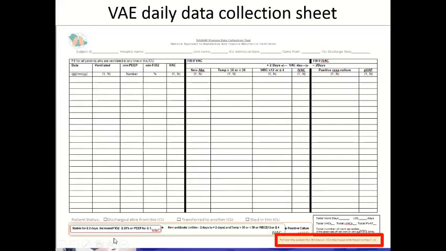For the outcome of the patient, we are looking for the mortality, and the patient might have three possible options: either discharged alive from the ICU, transferred to another ICU, or death in this ICU.